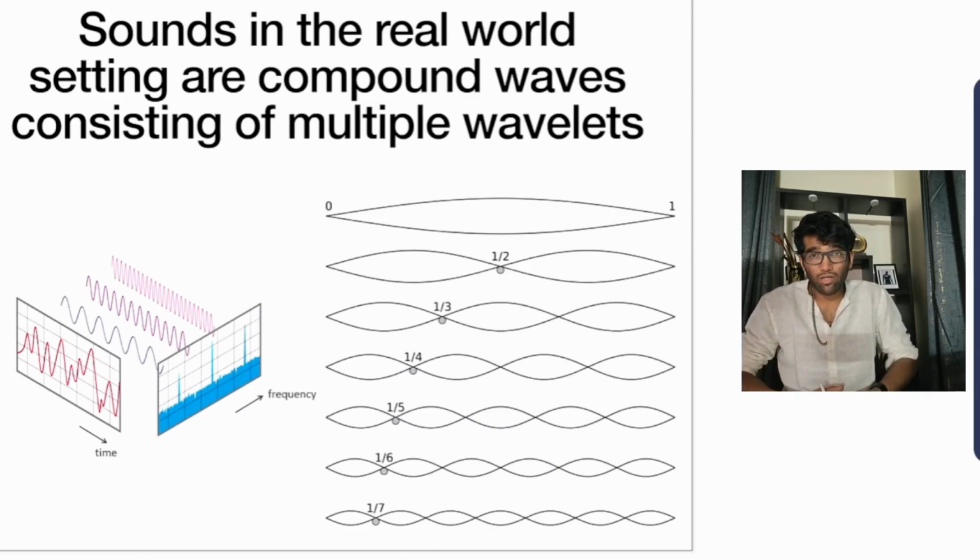Those sounds are called non-musical sounds. Now, in classical physics, anybody who has done medicine in India would have learned this in 11th and 12th. You would have learned in detail about musical sounds.